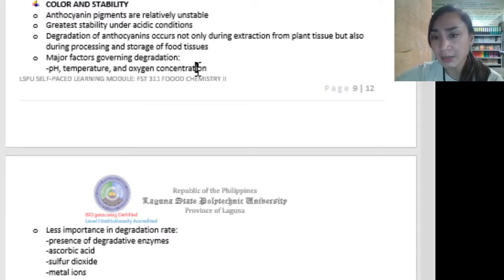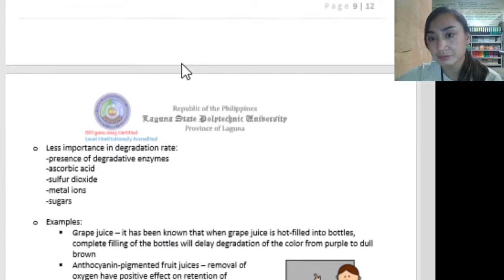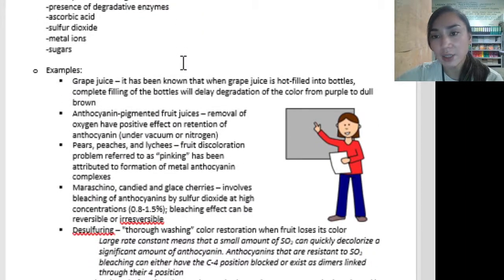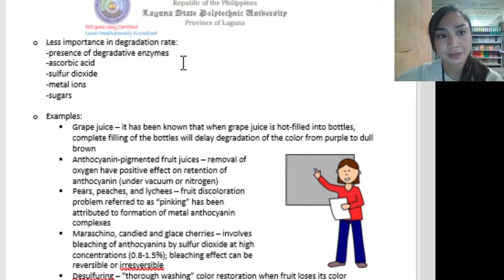So, these are the major factors governing degradation ng color or pigment. We have the pH, temperature, and oxygen concentration, of course. And yung mga less important in degradation is the presence of enzymes or the ascorbic acid, sulfur dioxide, metal ions, and even sugar. So, hindi ganun ka-importante ito, no, sa degradation rate nila.